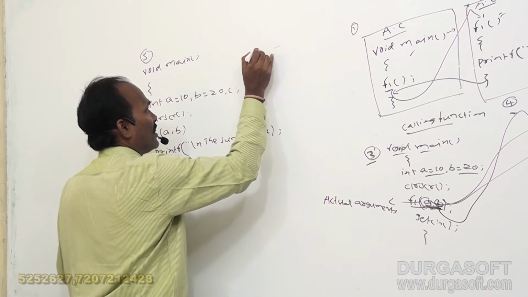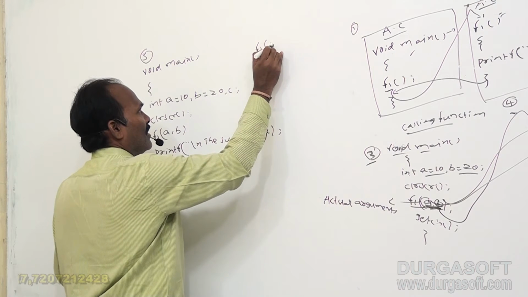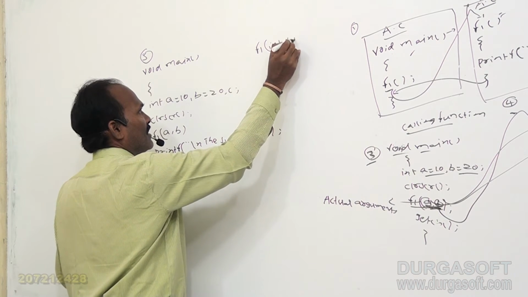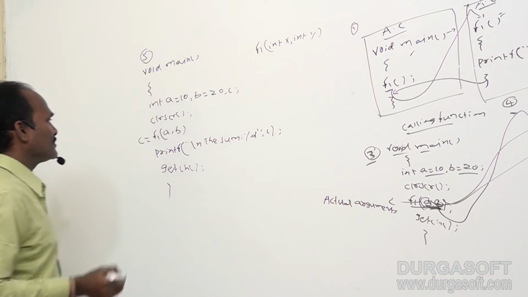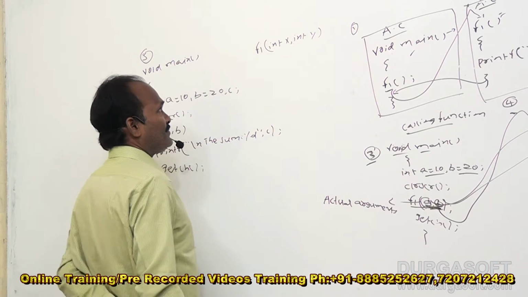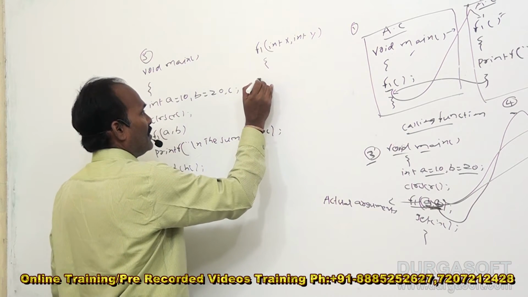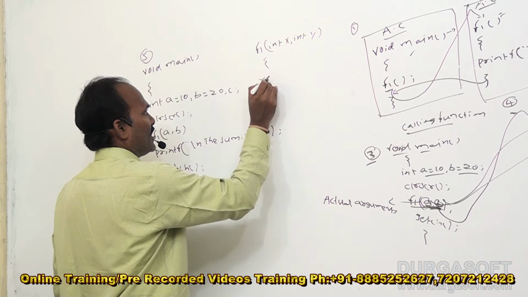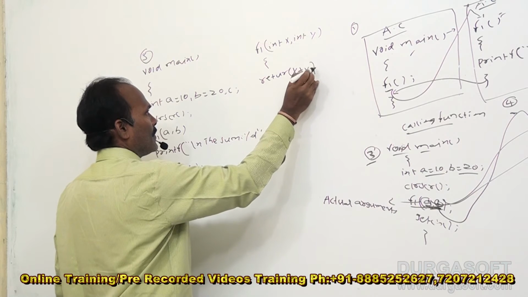Just I will write f1 also here. f1 integer x, integer y. Just look at this, return x plus y.